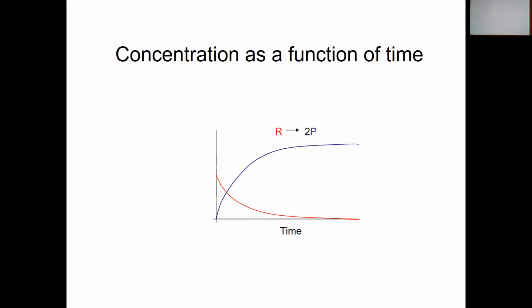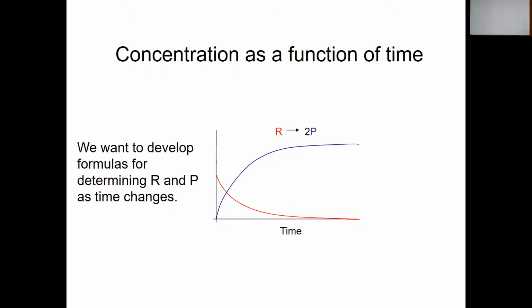But so far, we have no way to say precisely how much reactant or product is left at a certain point in the reaction. We want to develop a way to say the concentration of the reactant is this after so much time has passed.